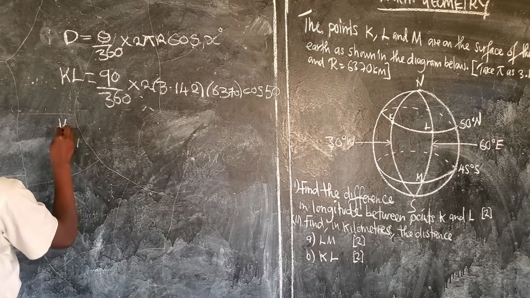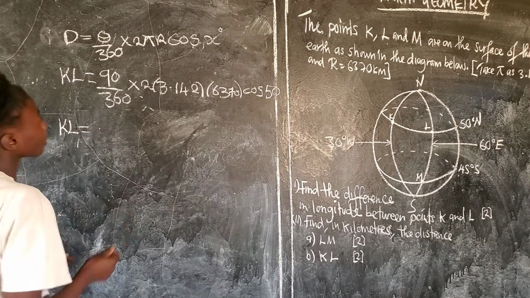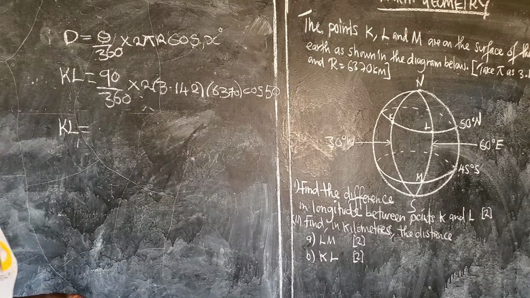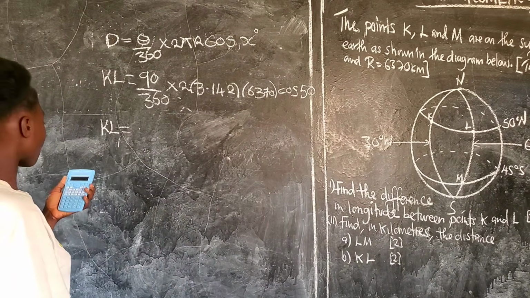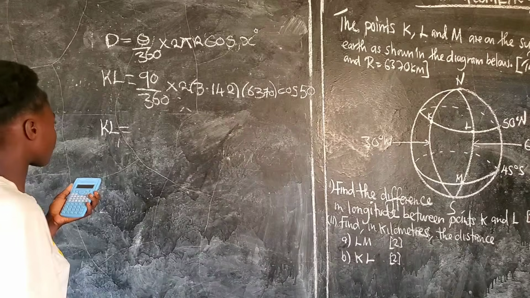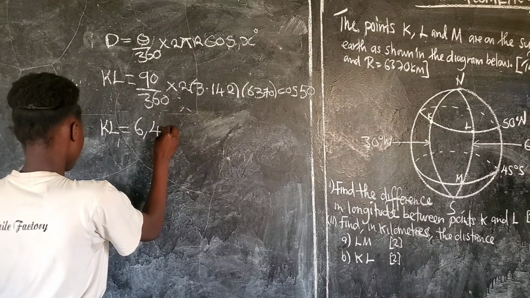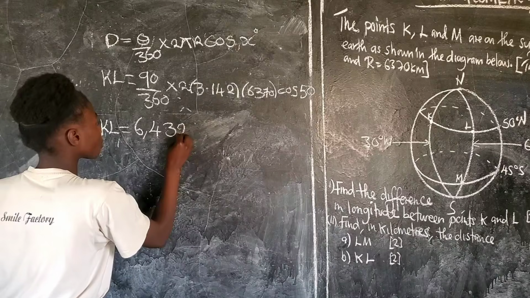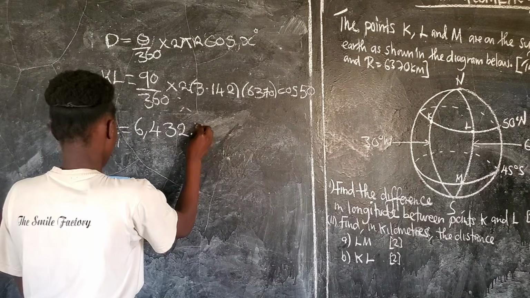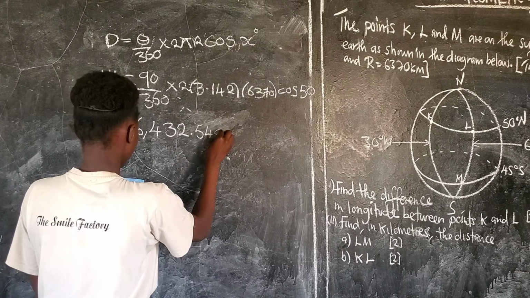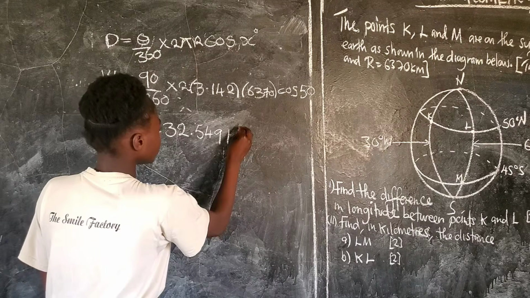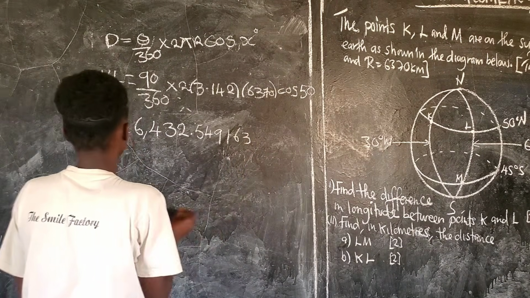So KL, what is this? When we punch this on the calculator, it's giving me 6,632.549163.